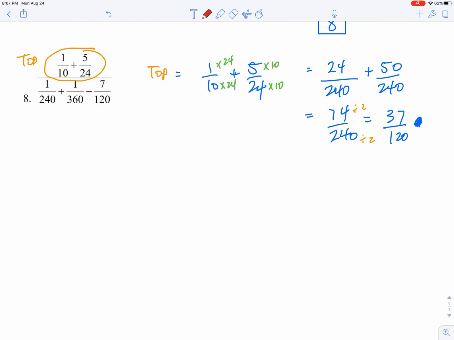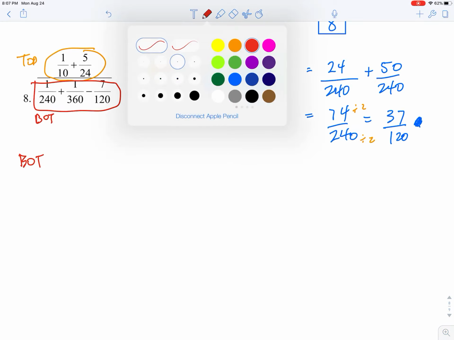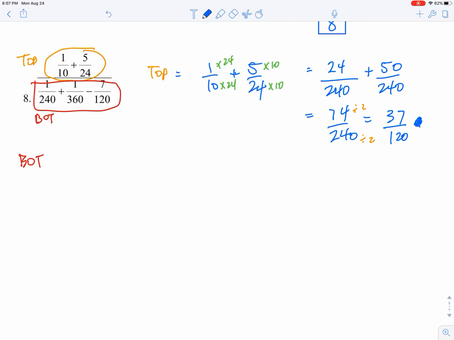The bottom equals 1 over 240 plus 1 over 360 minus 7 over 120. So this is yucky because I need to find the common denominator of 240, 360, and 120.